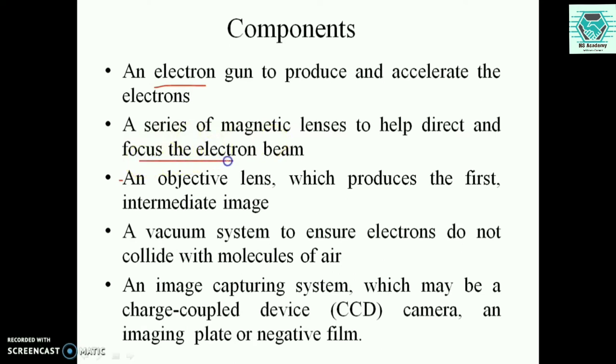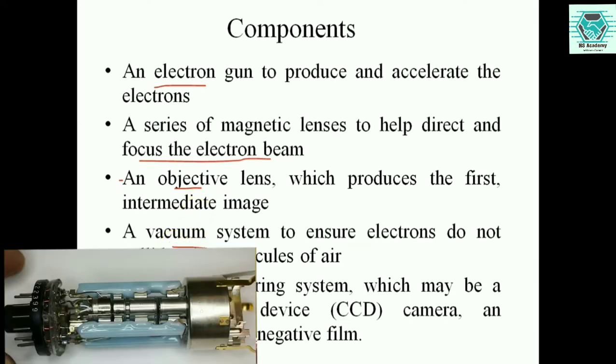An objective lens produces the first intermediate image. Another part is a vacuum system to ensure electrons do not collide with molecules of air. This vacuum system is a special structure which we only see in the electron microscope.